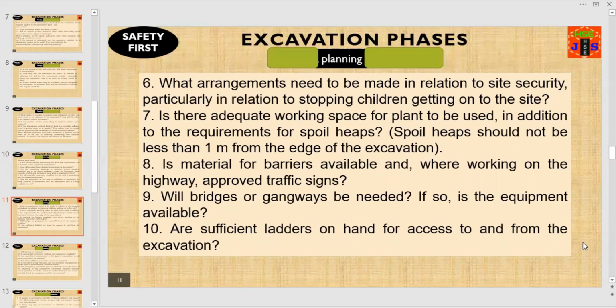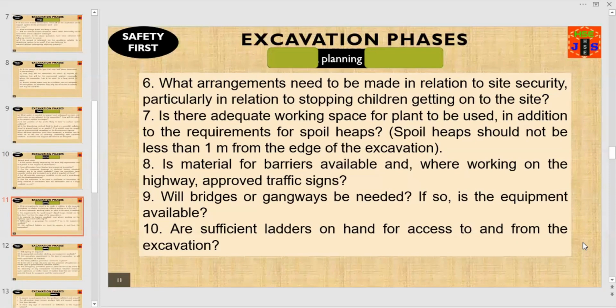Number seven, is there adequate working space for plant to be used? In addition to the requirements for spoil heaps, they should not be less than 1 meter from the edge of the excavation. Number eight, is material for barriers available, and if we are working on the highway, are approved traffic signs available?